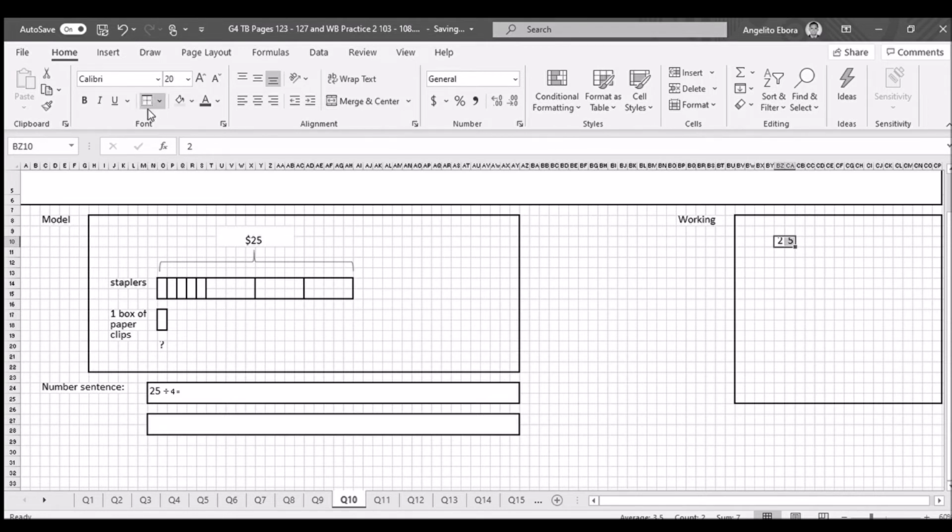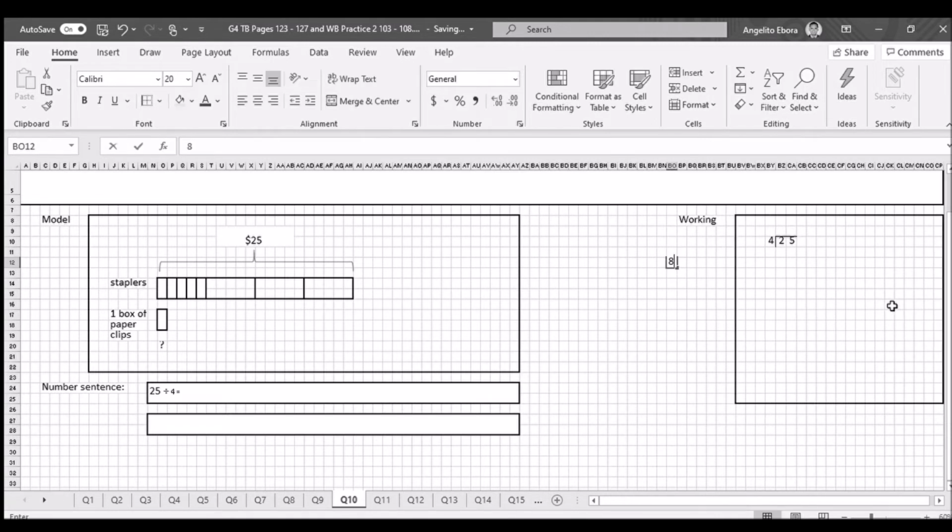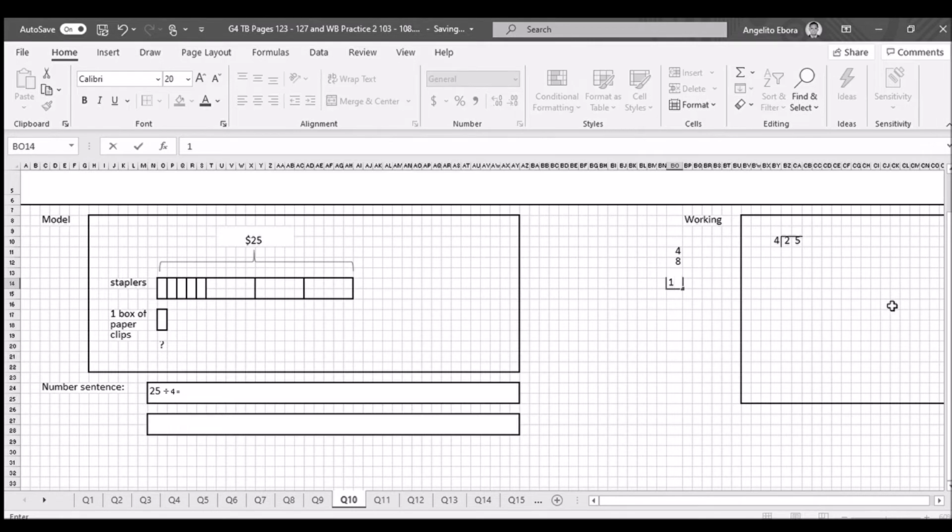So 25 divided by 4. Okay, so this one is not a whole number. So we'll do the multiples of 4. So 4, 8, 12, 16, 20, 24, 28. Okay, so I told you before that you have to divide the digit one by one.